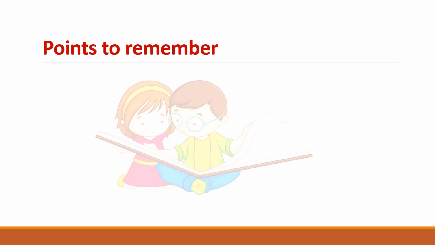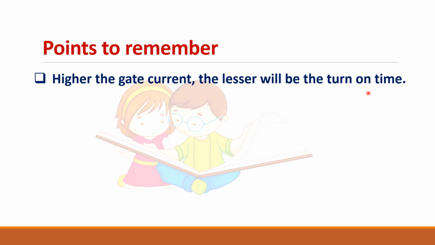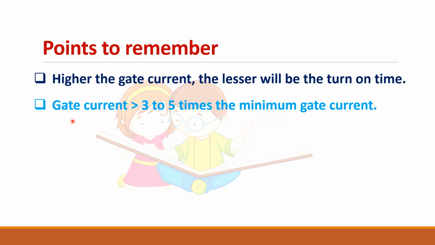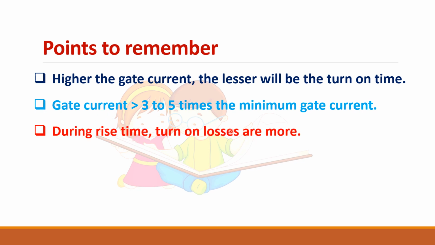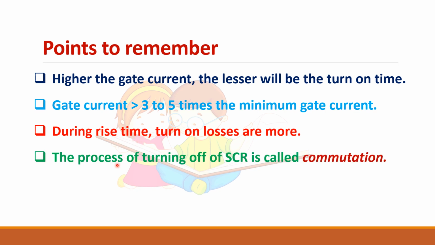Higher magnitude current means lesser time to turn on the device, and gate current should be greater than 3 to 5 times the minimum gate current. During rise time, losses will be more, and this process of turning off an SCR is called commutation, and circuit turn off time should be greater than the thyristor turn off time.